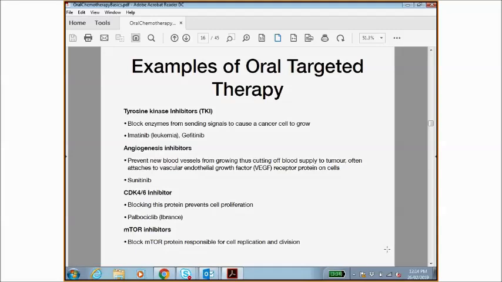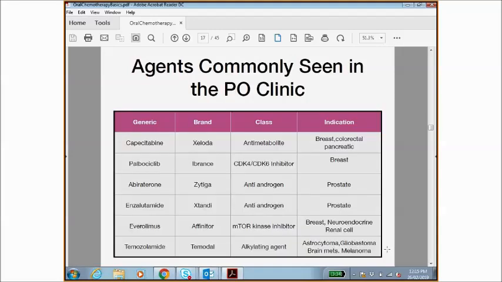Bosutinib. There's CDK4/6 inhibitors. Blocking this protein will help prevent cell proliferation. And mTOR inhibitors also block proteins that are responsible for cell replication and division.